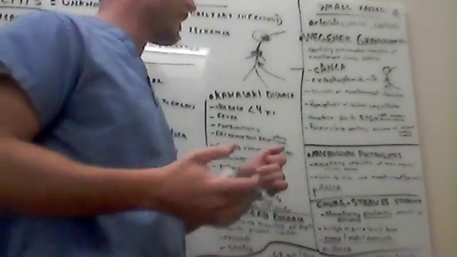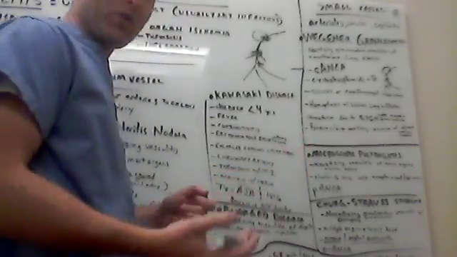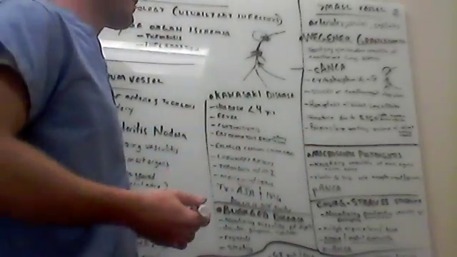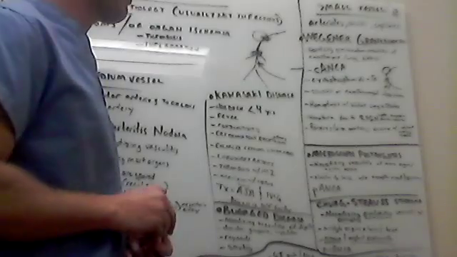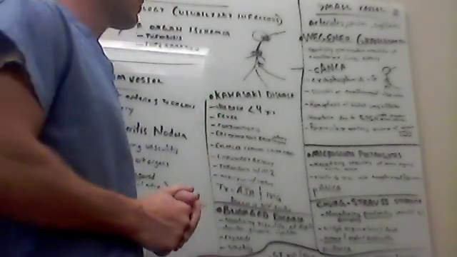And they said the C is important because remember this is C ANCA, and they changed the word Wegener to Wegener with a C, and they said also you treat it with cyclophosphamide. So there's all these C things associated with Wegener's granulomatosis.